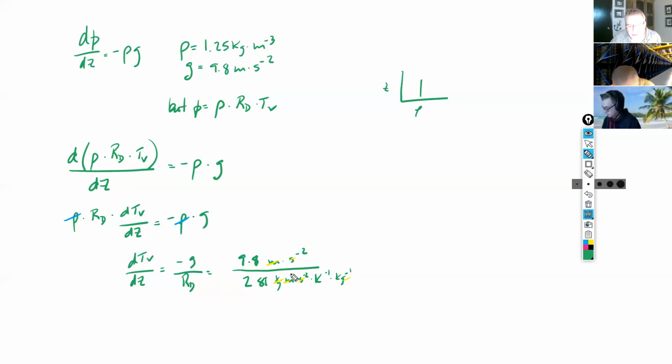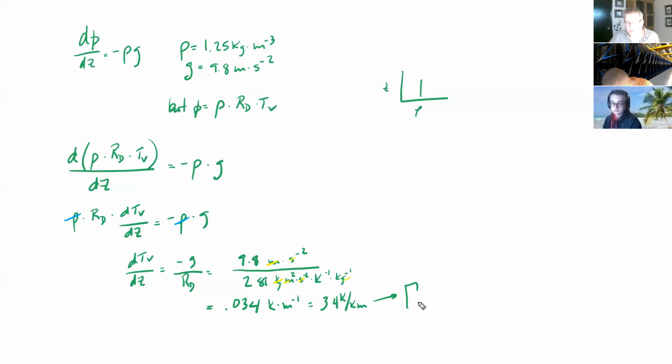A joule is a kilogram meter squared per second squared. So one of the meters canceled, and I'm left with 9.8 divided by 287, which is 0.034 kelvins per meter, which is equal to 34 kelvins per kilometer, oops, not 3.4. Which is the autoconvective lapse rate.